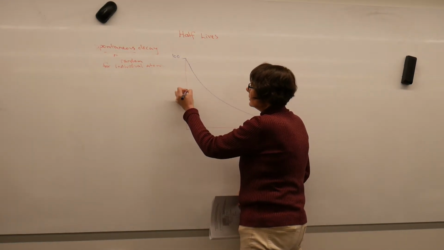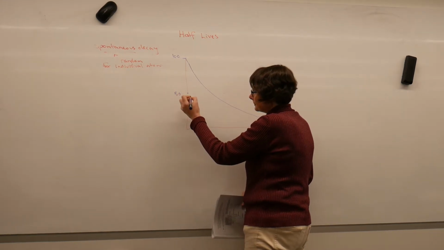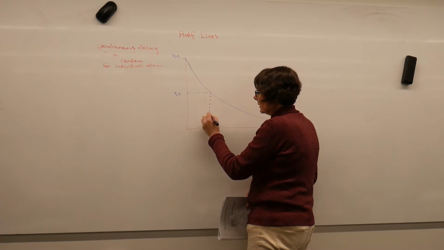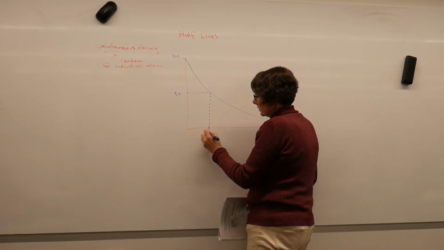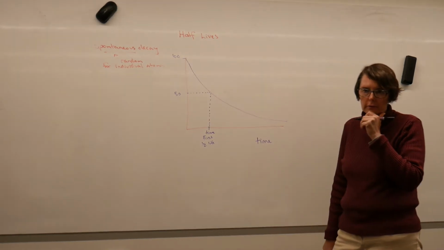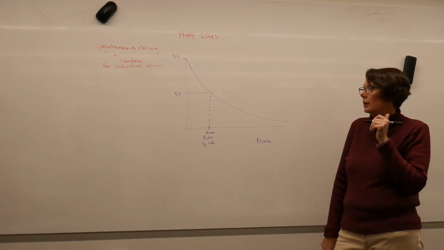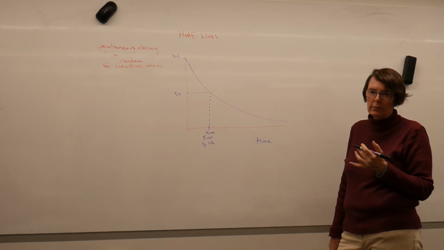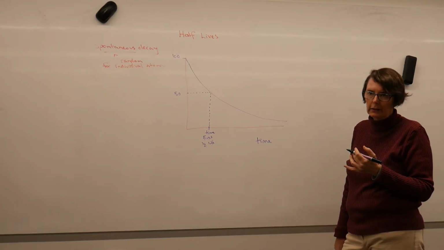And what I'll know is that at 50, whatever time that is, that's the time for the first half-life. Okay, when I have only got 50% of my original isotope remaining.